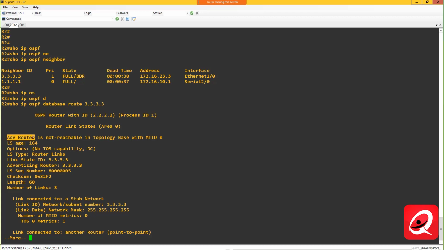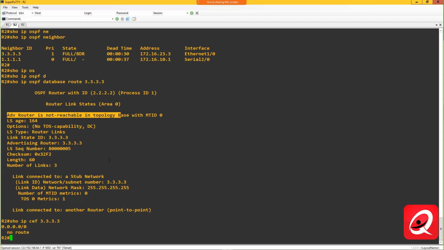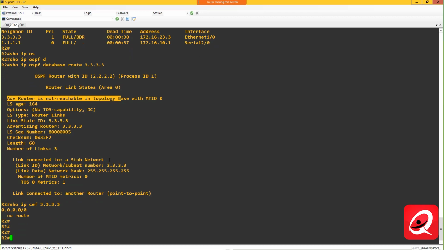And sure enough, the advertising router is not reachable in the topology, which means that even though I was able to form an adjacency, and even though it looked as if we were able to exchange routes, we are not able to resolve the topology, which means that 3.3.3.3, show ip route 3.3.3.3, has no route.